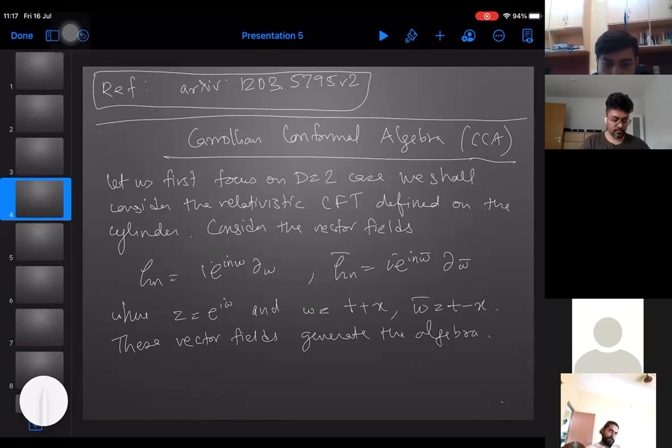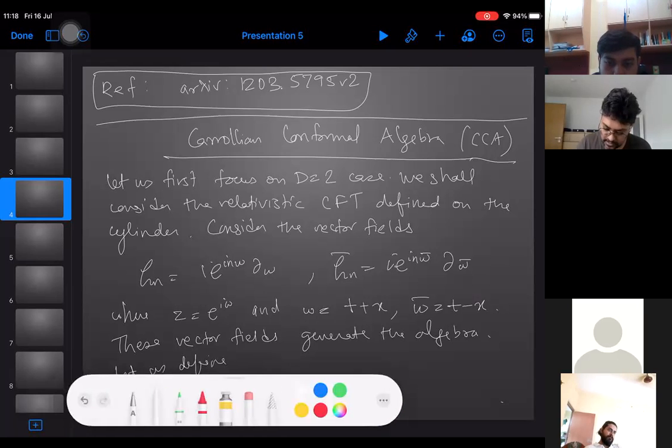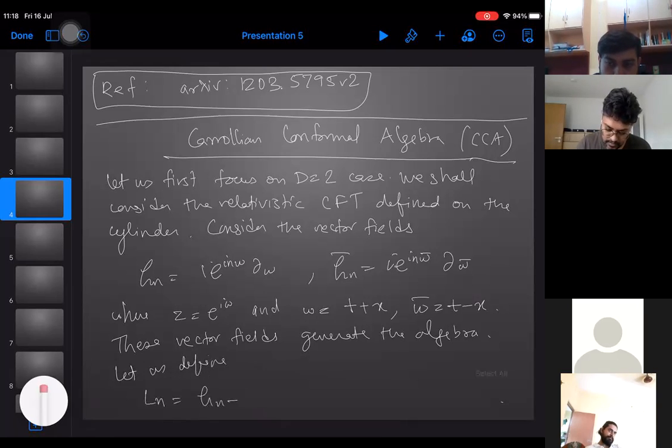So for that, let us define Ln equal to Ln minus Ln bar, and your Mn as Ln plus minus Ln bar.